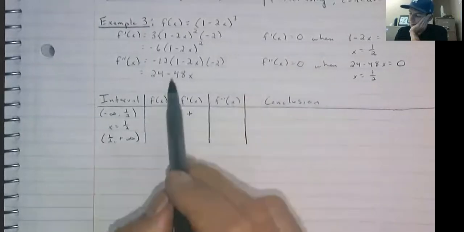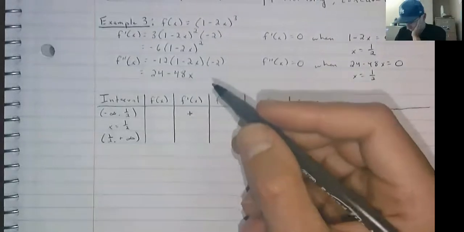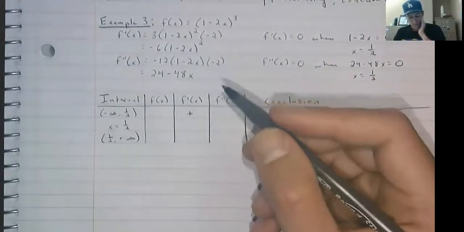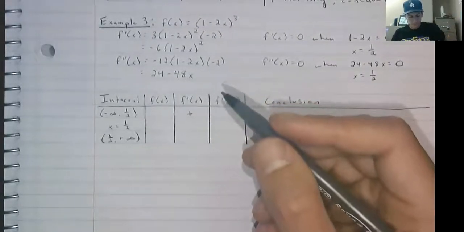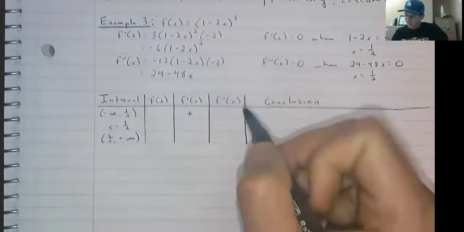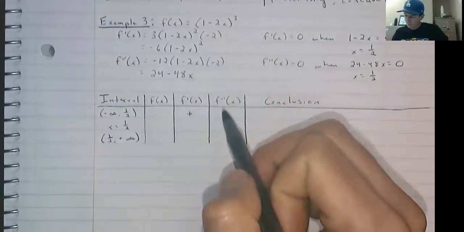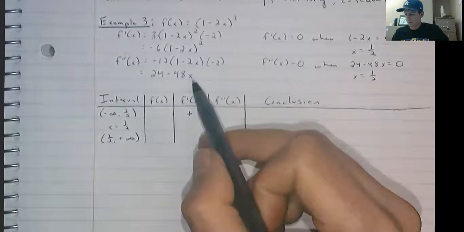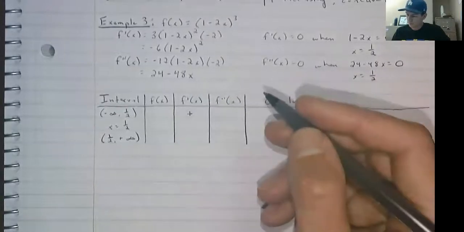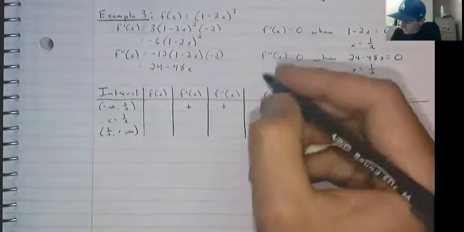And this quantity will be, again, positive. Does that make sense? Like 0. Yeah, it's positive. Cool. So on that interval, f is increasing.